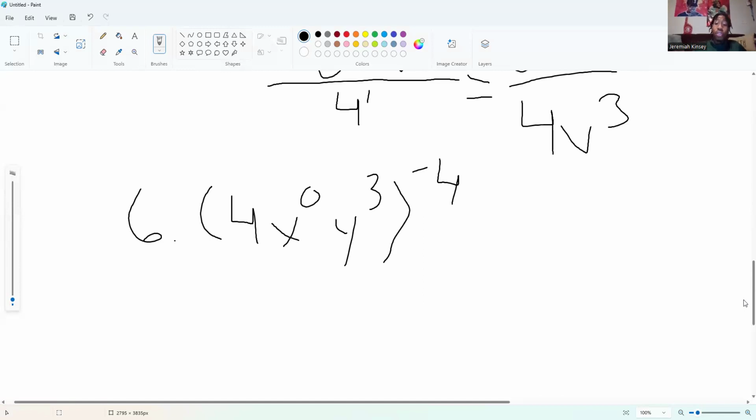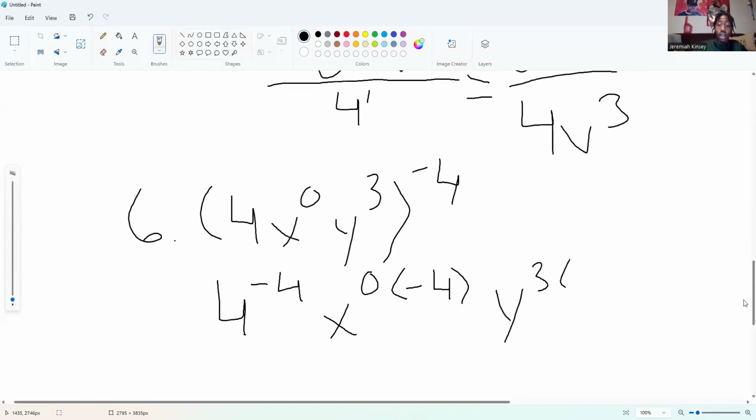We're going to distribute this exponent to each term within the parentheses, right? So let's start with 4. 4 to the -4, right? Then x to the 0 times -4, right? We're going to do y to the third times -4, right?